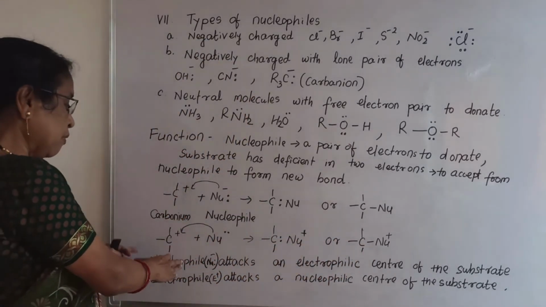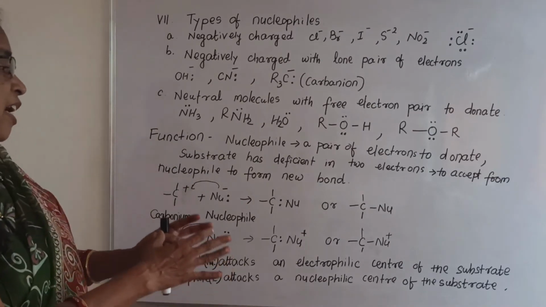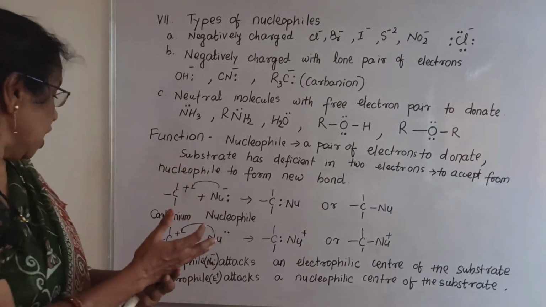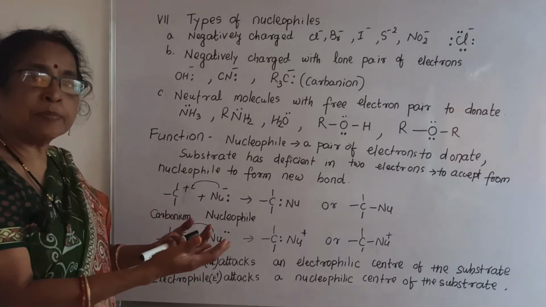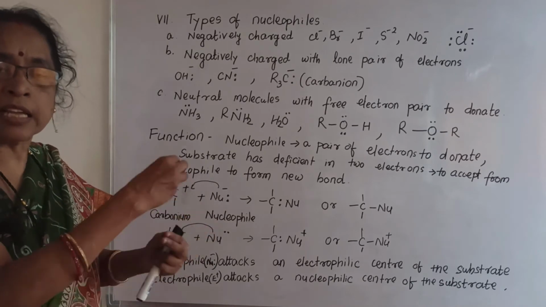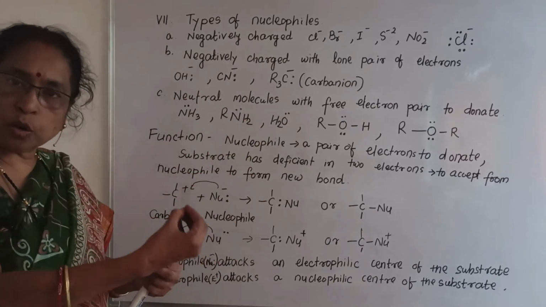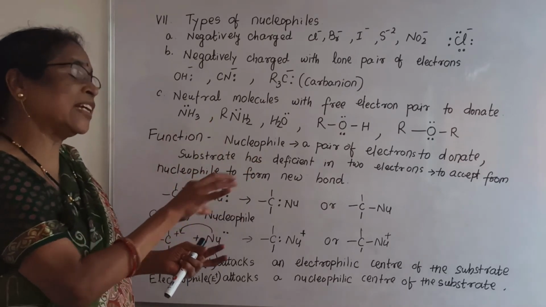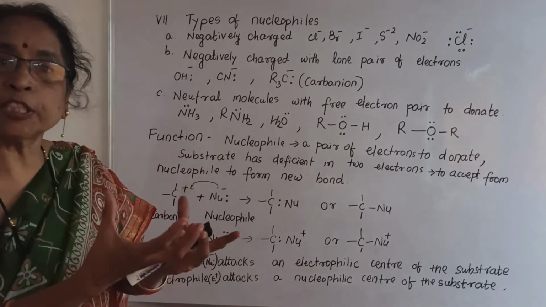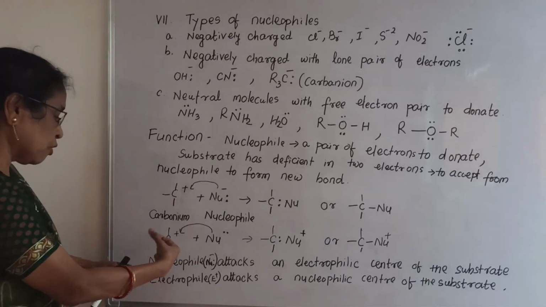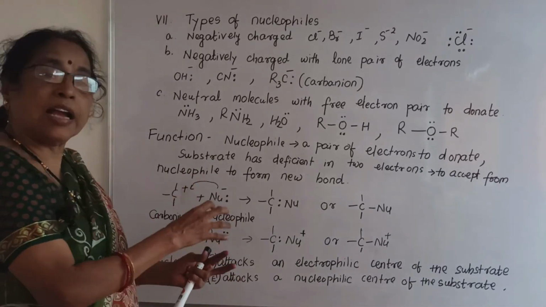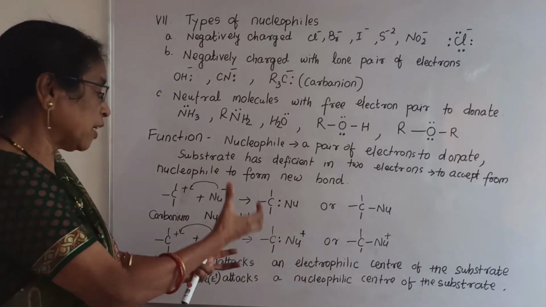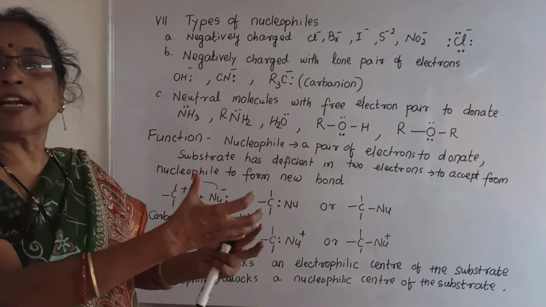Now the nucleophile attacks an electrophilic center. What is the conclusion from the nucleophile and electrophile? Nucleophile means having an extra pair of electrons, or excess, or you can say a minus sign, and it attacks an electrophilic center. What is an electrophilic center? A positive sign. Similarly, an electrophile, that is E plus, will attack a nucleophilic center. What is a nucleophilic center? That should be a negative sign.